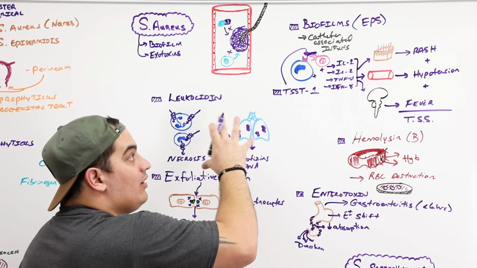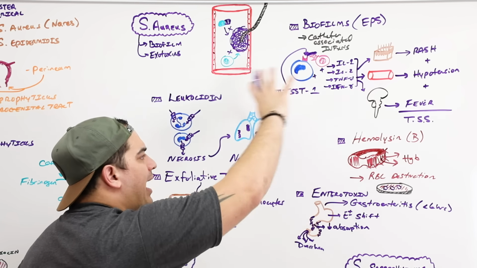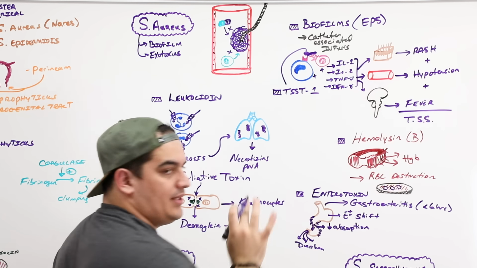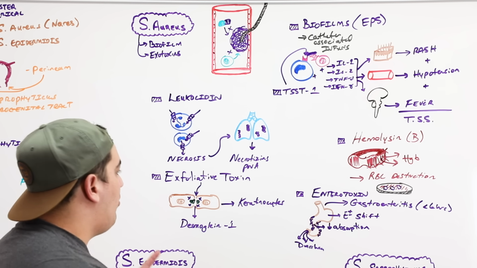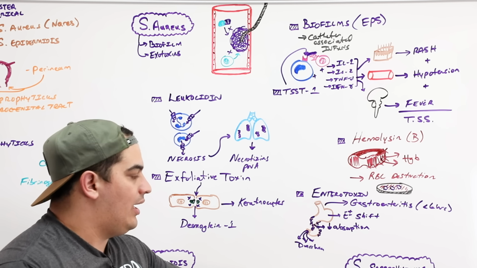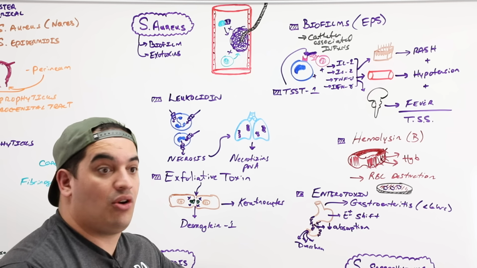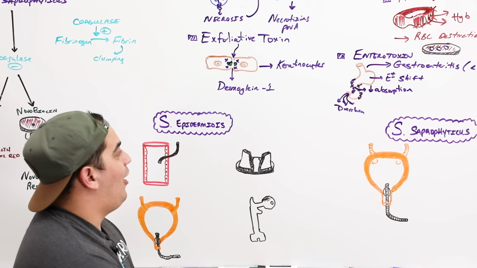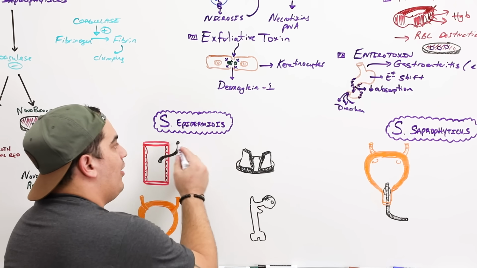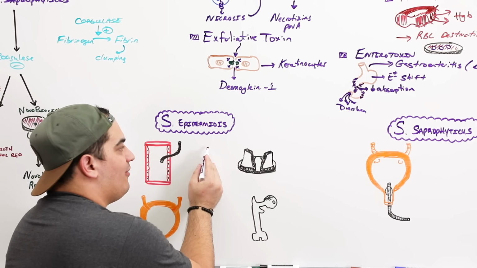We'll explain in a little bit how all of these pathogenic mechanisms produce very specific diseases. Okay, let's now, before we do that, cover how the pathogenic mechanisms of Epidermidis and Saprophyticus of Staphylococci species also have pathogenic mechanisms. All right, so Staphylococcus epidermidis, this is a really cool guy as well. So again, we know that this is a part of our natural skin flora.